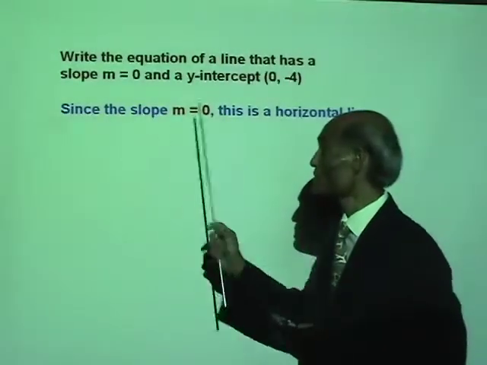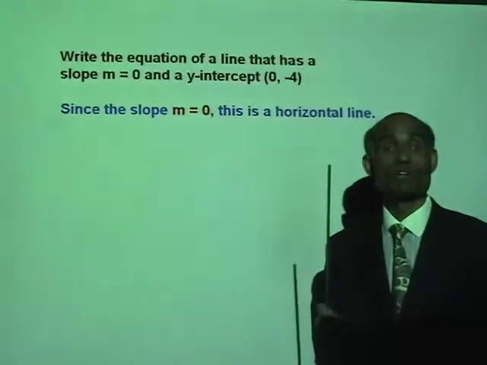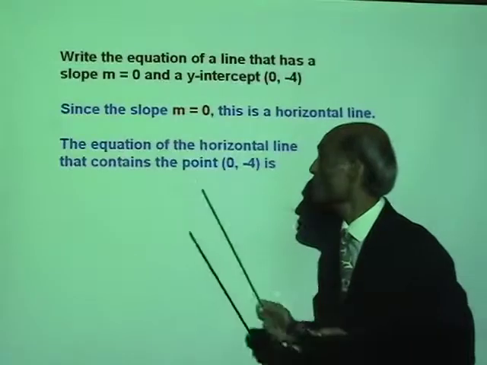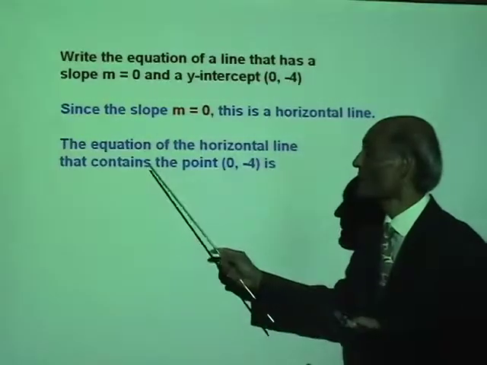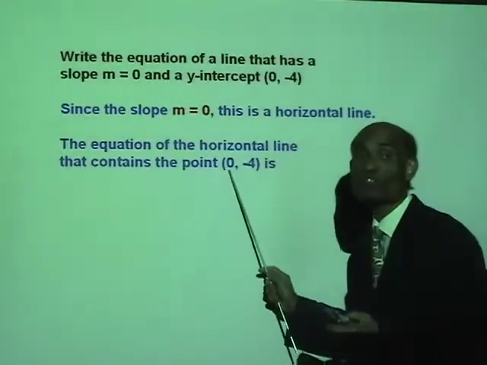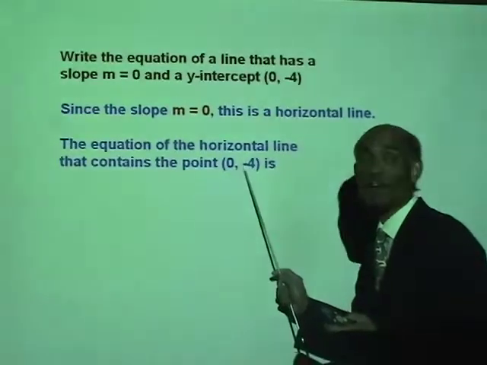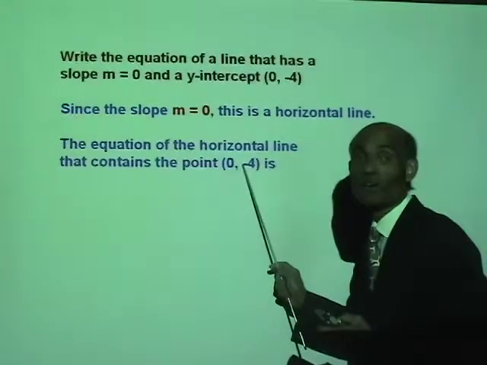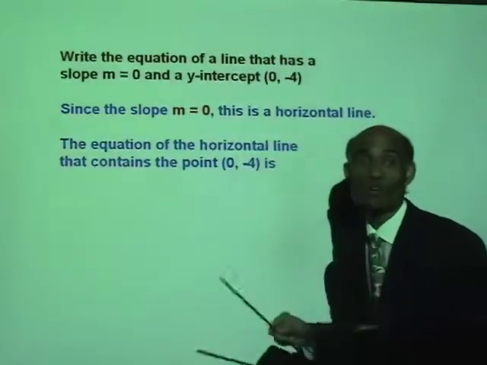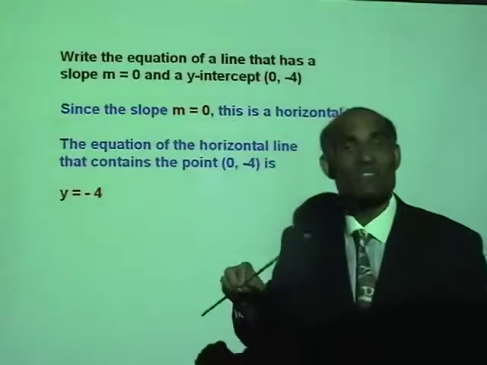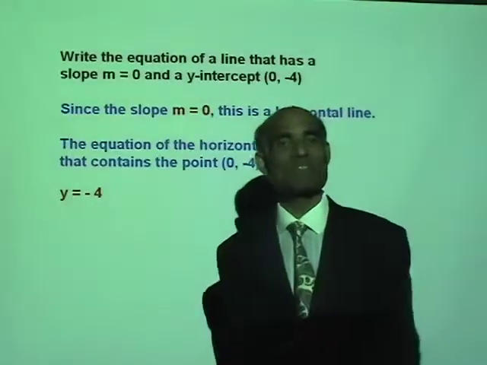Alright, since the slope m is 0, this is a horizontal line. And the equation of the horizontal line that contains the point 0, -4. This is the value of y that corresponds to that horizontal line. So the equation is y equal to -4 is the equation of that line.